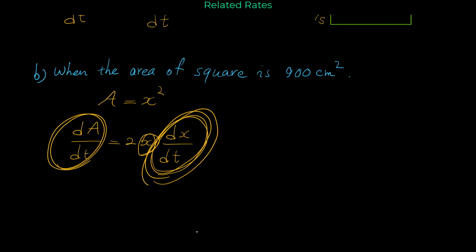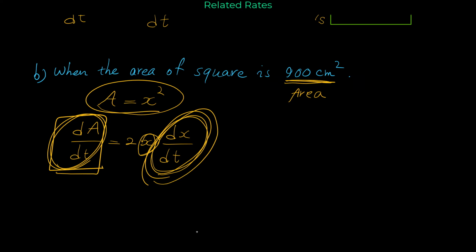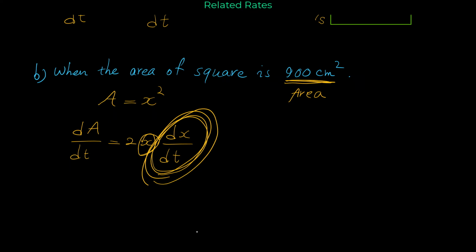But what is the value of x? Here in this part, the value of x is not given. We know that we want to find dA over dt when the area of the square is given. So we have the value of A, not the value of x. But simply from the value of A, we can find the value of x.